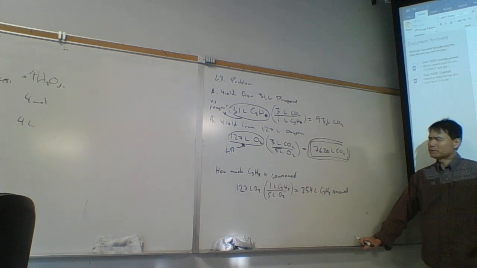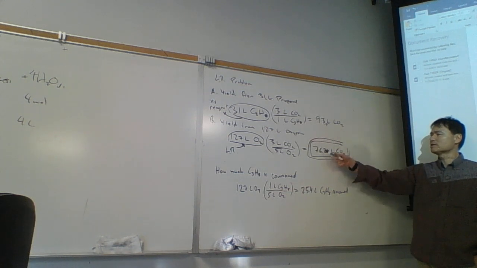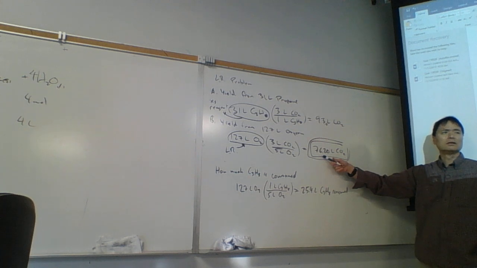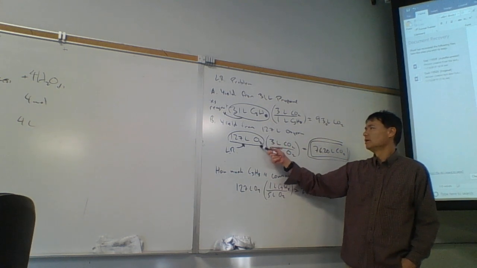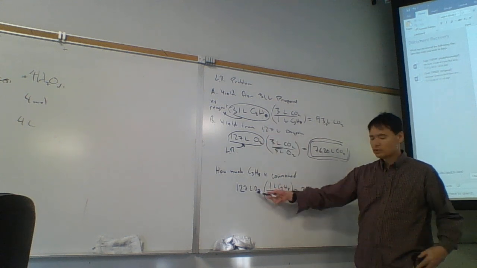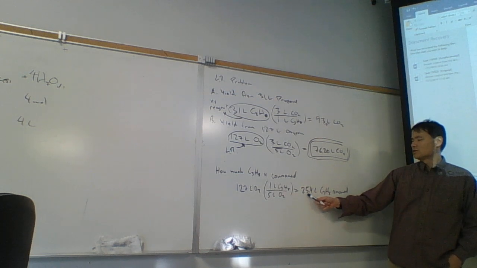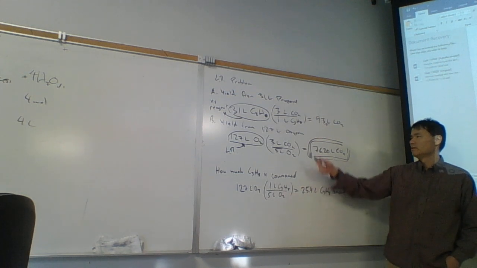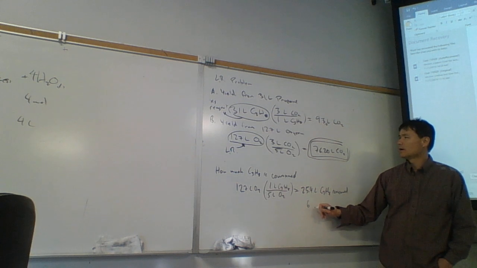What some people do is they say the total amount of CO2 is 93 plus 76. Is that correct? No, it isn't, because once we make 76, there's no more O2 left. And then once we've consumed all 127 liters of O2, we've only consumed 25.4 liters of the propane, which means there's going to be about, is that right?